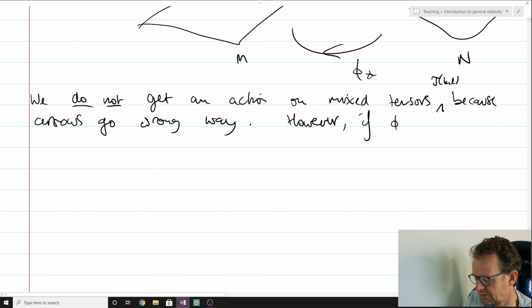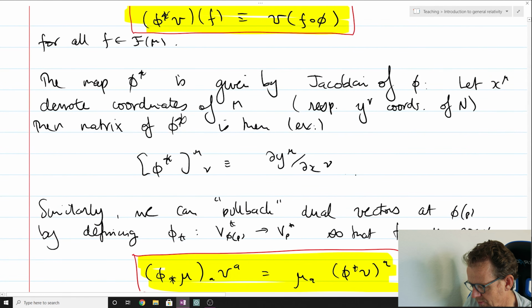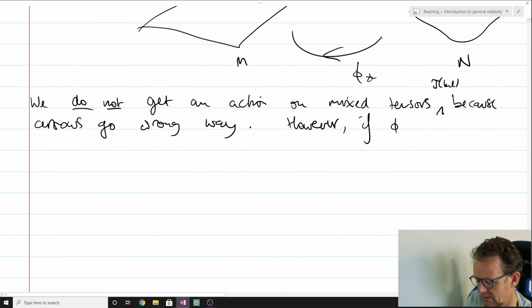If phi, so far phi is just some smooth map. It doesn't have to be any particular smooth map. However, if phi is a diffeomorphism, then we have a little bit more information that we can exploit.